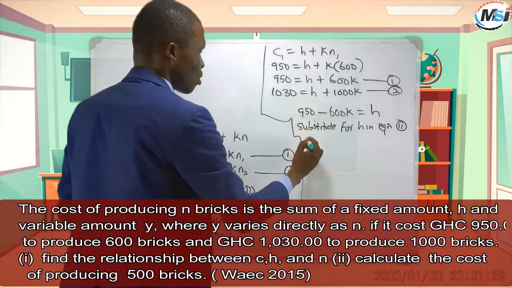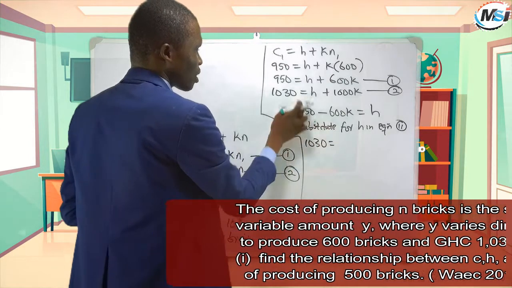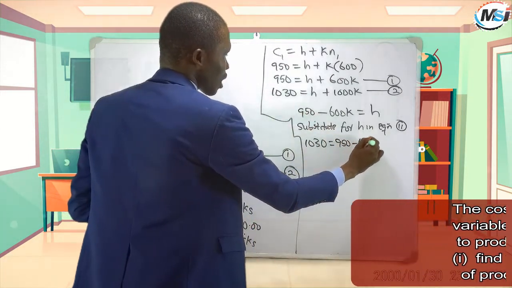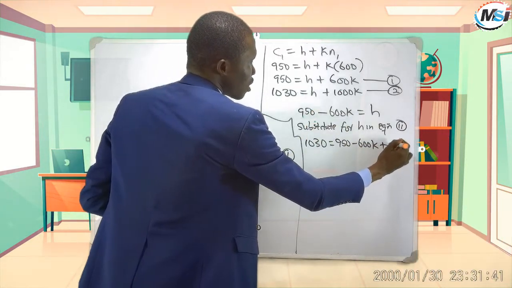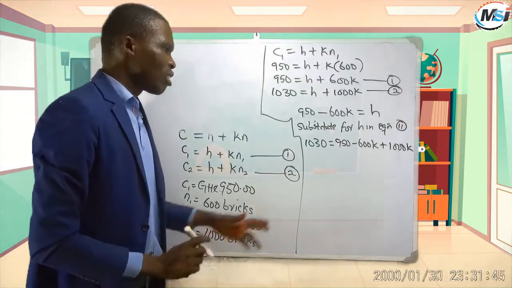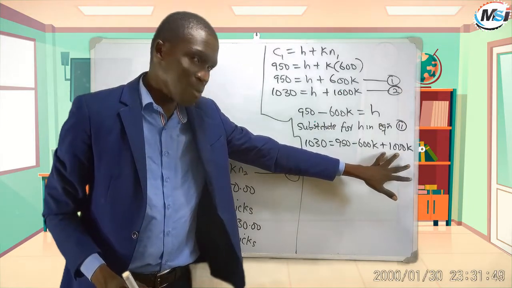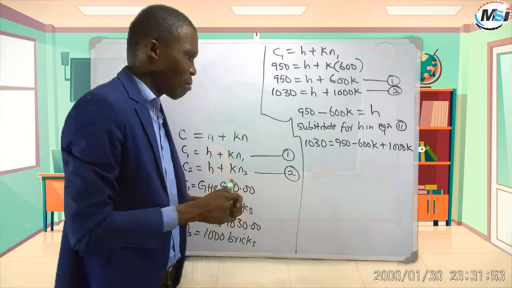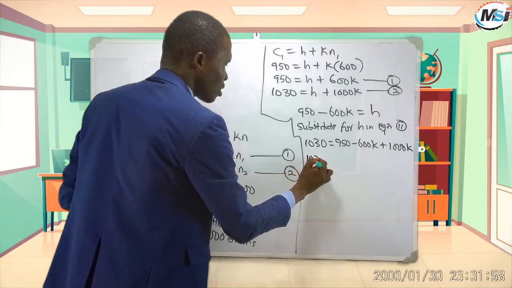So let's substitute. We have 1030 equals, what is H? 950 minus 600K, then plus 1000K. Now from here, you need to understand that this and this are from the same family, so we can do what we call collecting like terms. Doing that, we are going to have 1030.